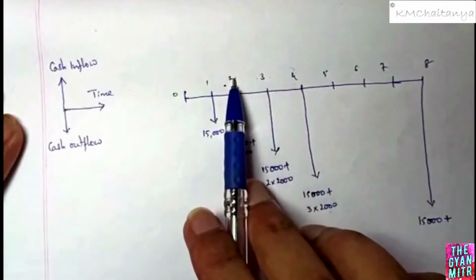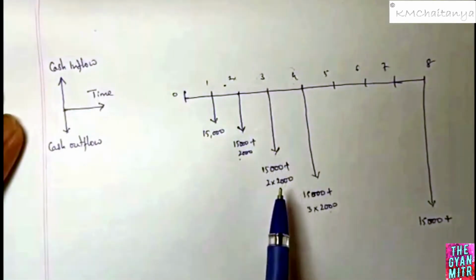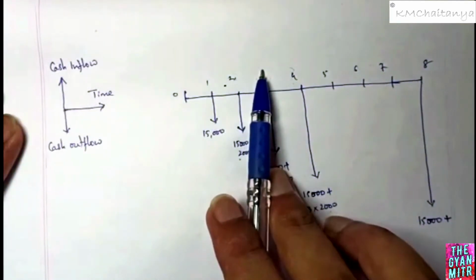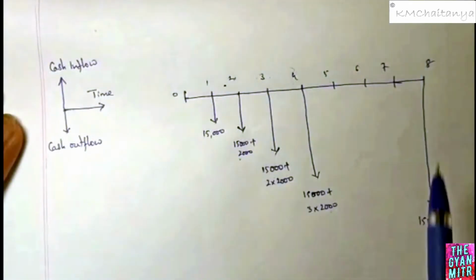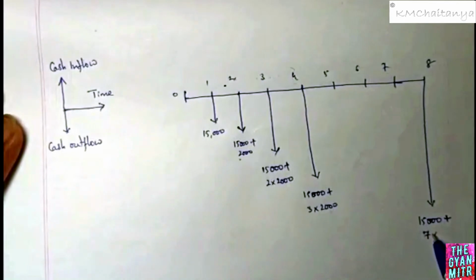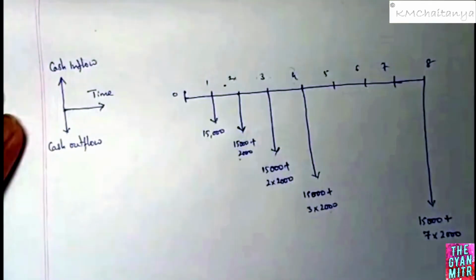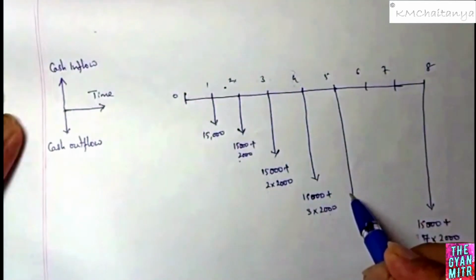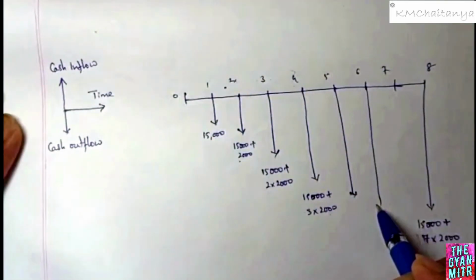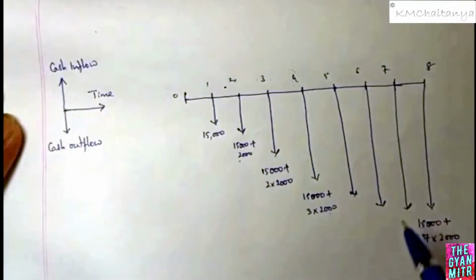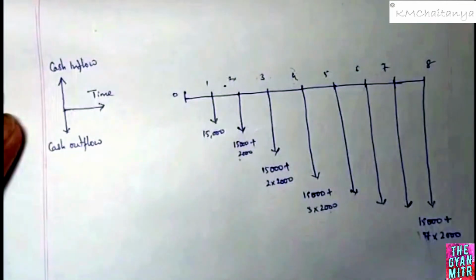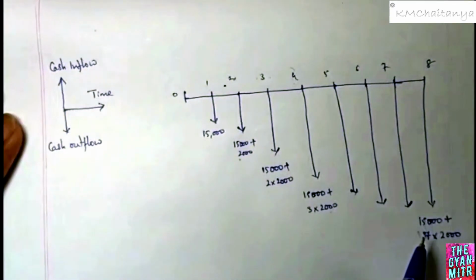Therefore for 8th year it will be 7 times the 2000. And you have the investment in this year also. So same time it is going to increase. So this is the cash flow diagram for this particular problem.